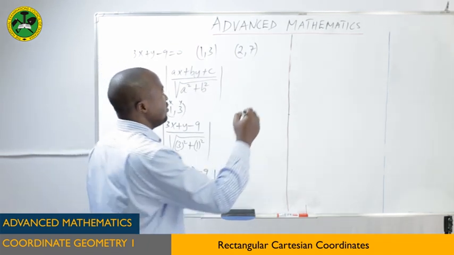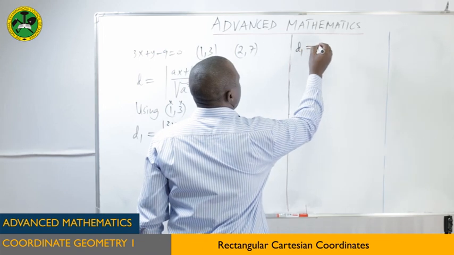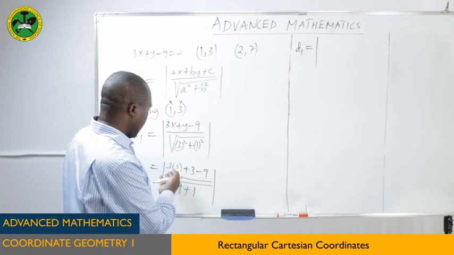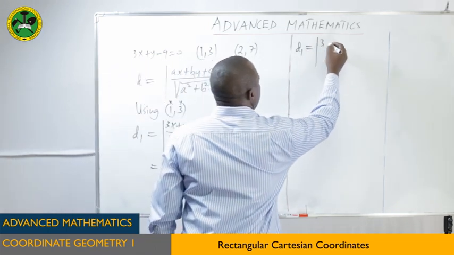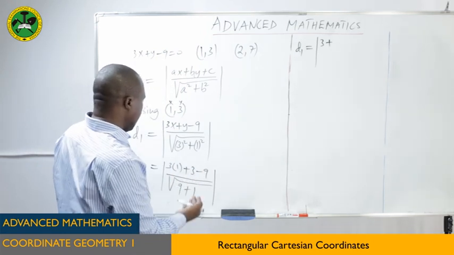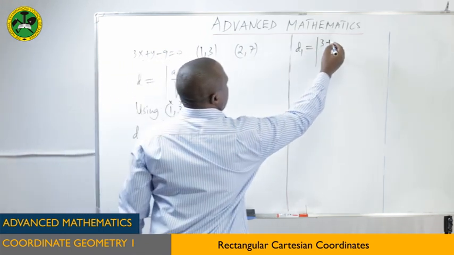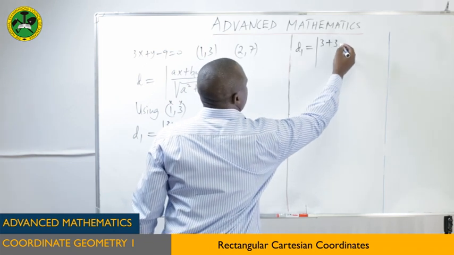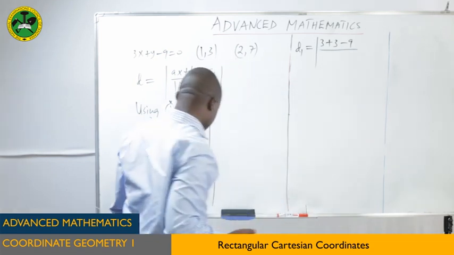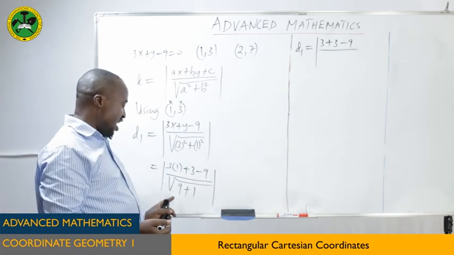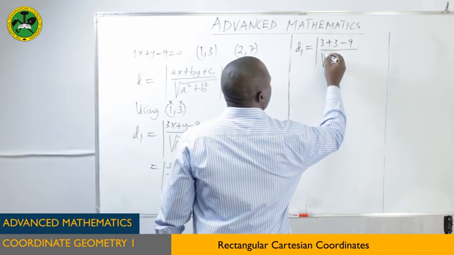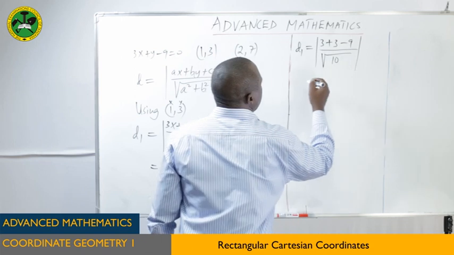Therefore D1 is equal to 3 times 1, because this is 3, then plus the second one is 3, then minus 9 over, so here we have 9 plus 1, so we have the square root of 10.